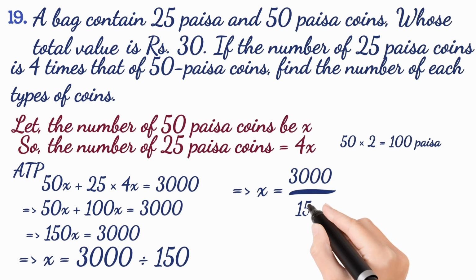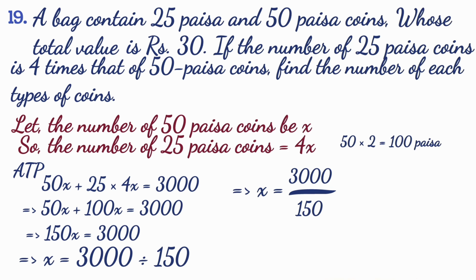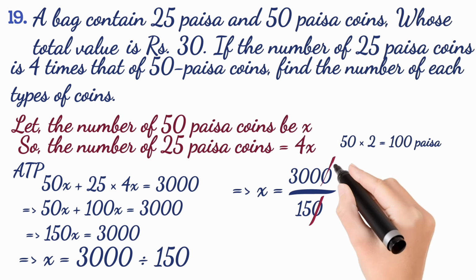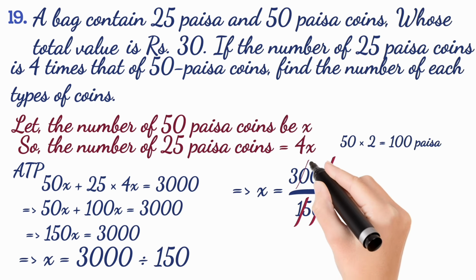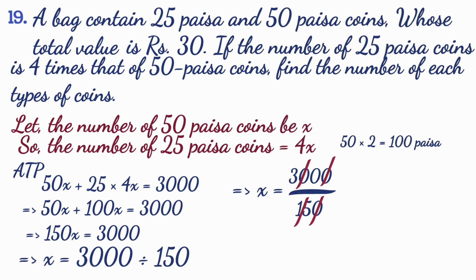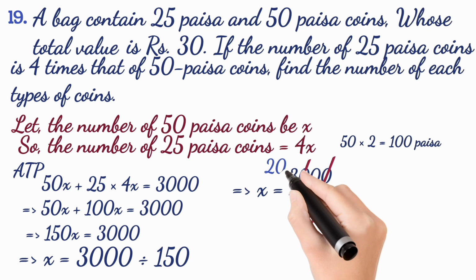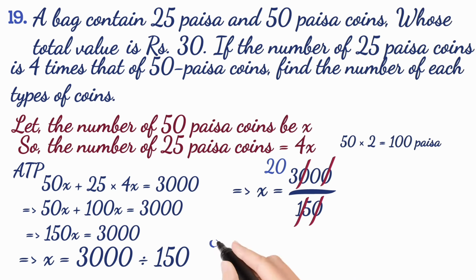Now, first we will cancel 10 from 3000 and 10 from 150. This way we will cancel these two 0s. Now we simply say the table of 15. 15 ones are 15 and 15 twos are 30 and 10 is left. So we got 20. So the value of x is 20.